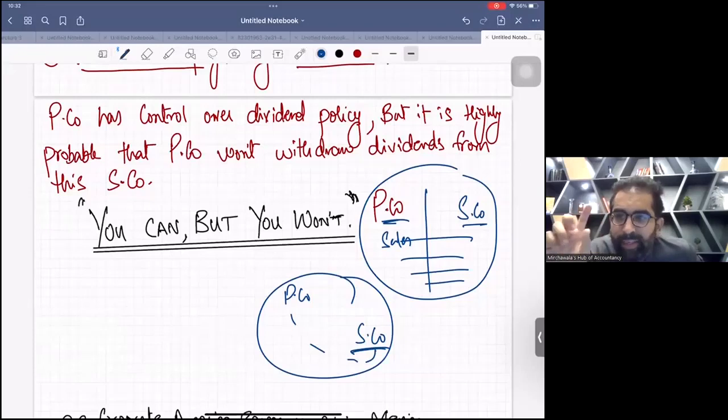In that case, we replied, no, we have no intention to withdraw dividends from this subsidiary, and it is highly probable that we won't withdraw.